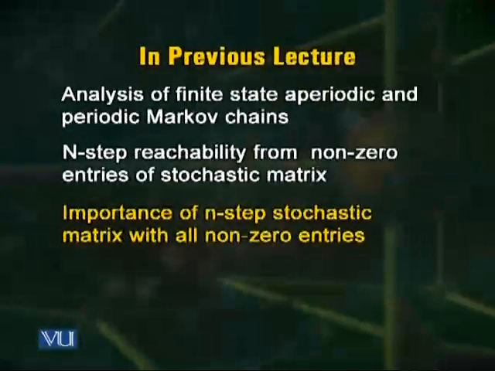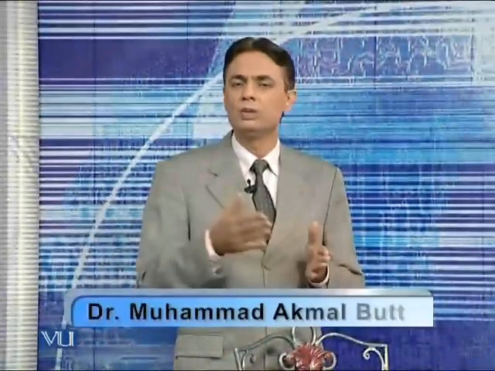By defining these types of one-step and n-step reachability, we talked about the importance of observing an n-step transition probability matrix which has all entries non-zero. These entries are conditional probabilities, so they are either 0 or a number between 0 and 1.